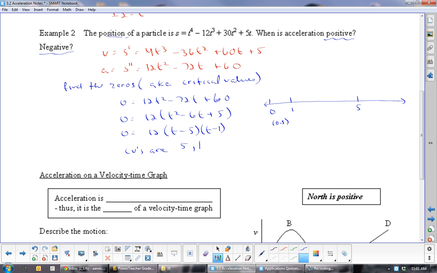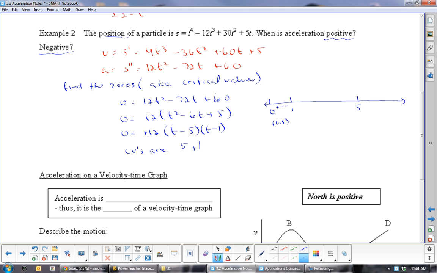So 0.5. Now when it's a positive up front, I kind of ignore it, but maybe to get in the habit, because if there was a negative out front, you don't want to ignore it. Okay, so let's just to get you in the habit, there will be a positive there. Now if you put in 0.5 in here, you will get a negative, right? So you put your negative there, and then if you put 0.5 in here, you'll get a negative again.